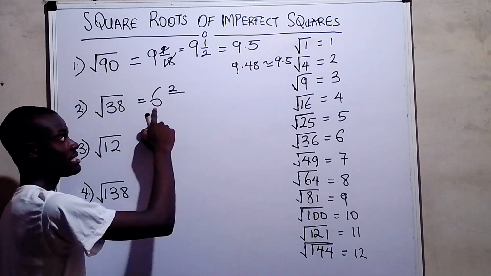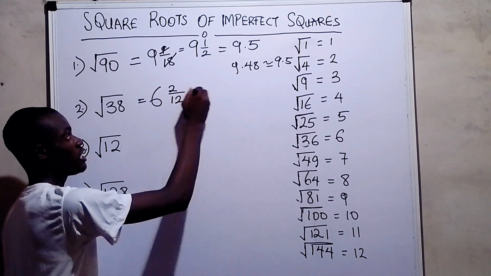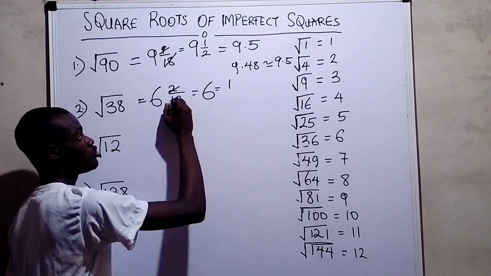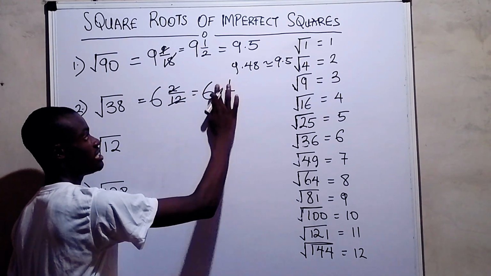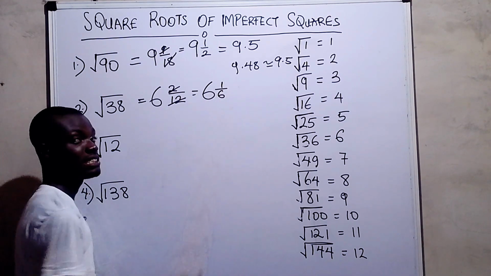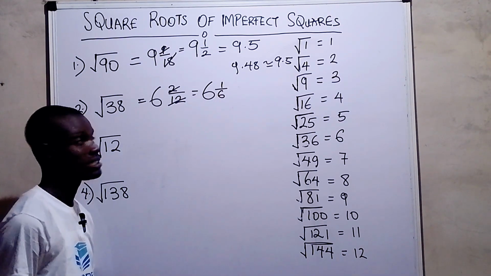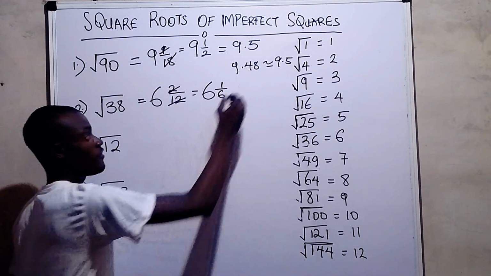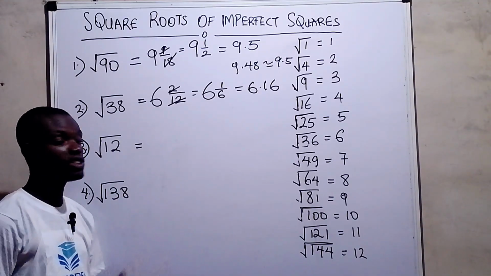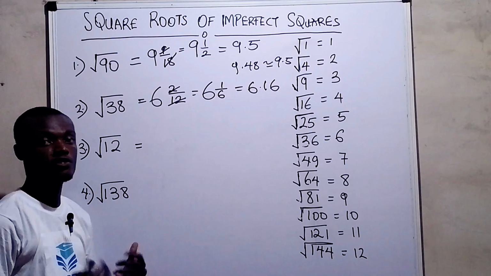Then double this number. 6 times 2 will give us 12. Now, when we simplify this fraction, 2 into 2 will give us 1, and 2 into 12 will give us 6. So this becomes 1 over 6. And 1 divided by 6 is 0.16. And when we add it to 6, our final answer becomes 6.16.